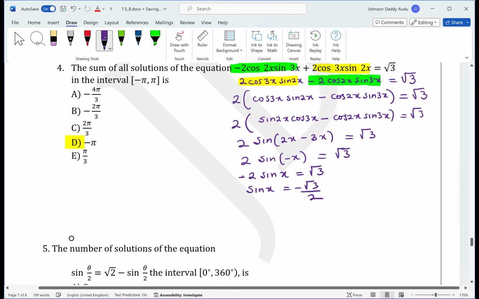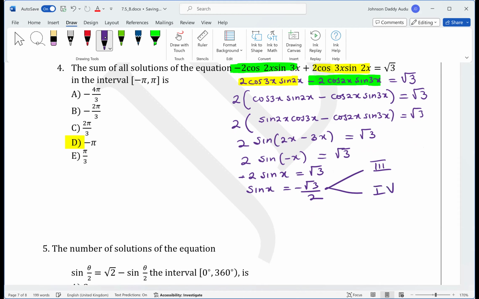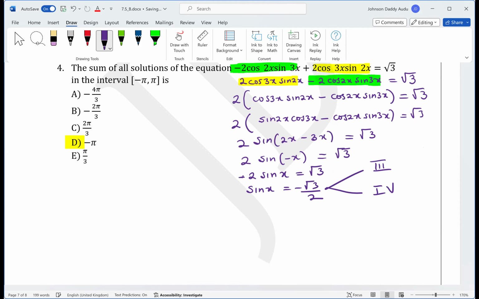Okay, now we can say it's in the third or in the fourth quadrant. All right, so what can we do here? What is our reference first? We can call it x star. It's just going to be pi over 3, which is 60 degrees, because sine of 60 is root 3 over 2.